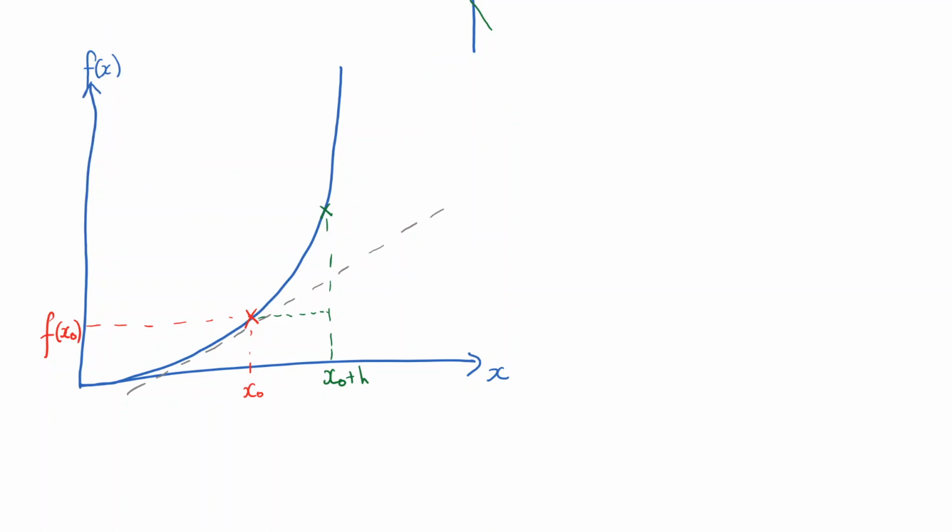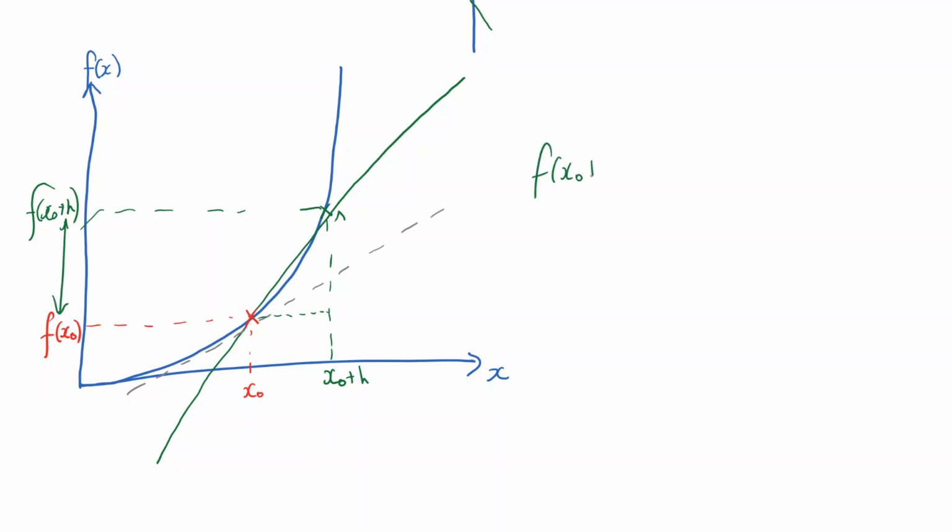Okay, so let's think about finding out what the gradient is of our approximation. What is that going to be? So this is going to be at f of x0 plus h. We're going to do rise over run, right? So we want to find out what the rise is here. That rise is going to be f of x0 plus h minus f of x0, right?